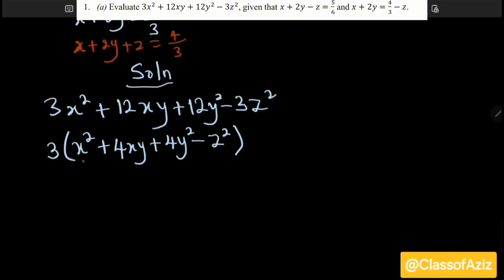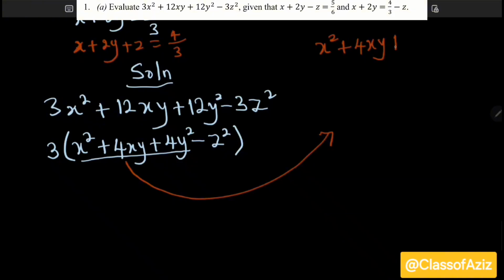Now we want to simplify this to make our equation easy for us. So let me show you on the other side how to do this. We have x squared plus 4xy plus 4y squared.